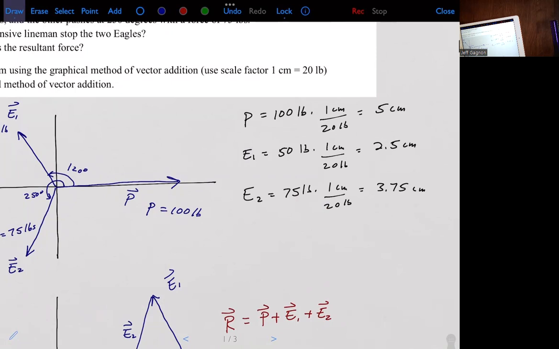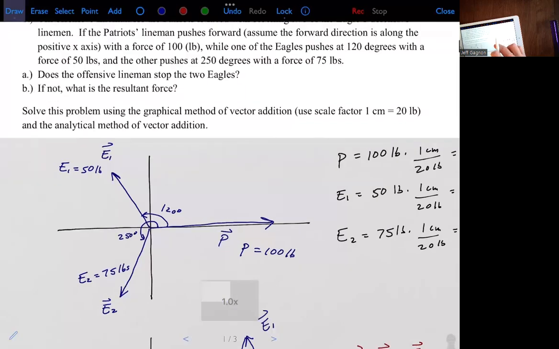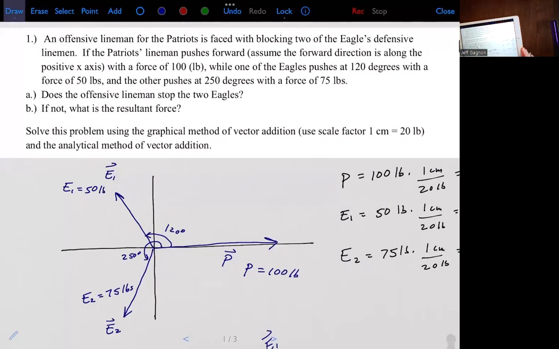Okay, so let's go ahead and add these graphically. So I'll do this first graphically on the graph paper.